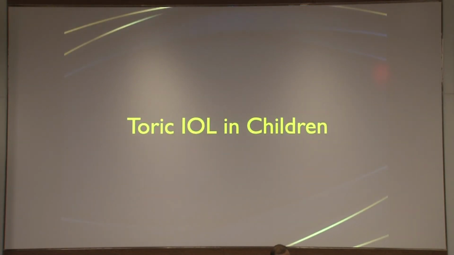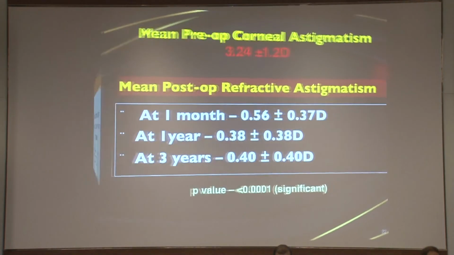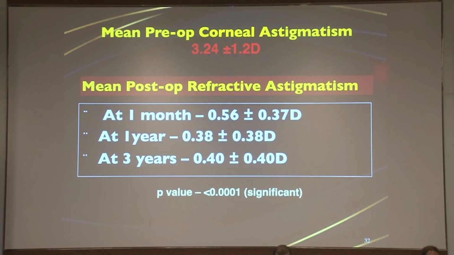Just a word on toric IOL in children. We have found that in older children, more than 7-8 years of age, who allow good measurements, astigmatism has been shown in several normative databases to be stabilized around 5 to 7 years of age. So you don't see a very major shift in astigmatism or corneal curvature beyond 7 years of age. We published our outcomes of toric IOLs in older children more than 7 years of age a couple of years ago.